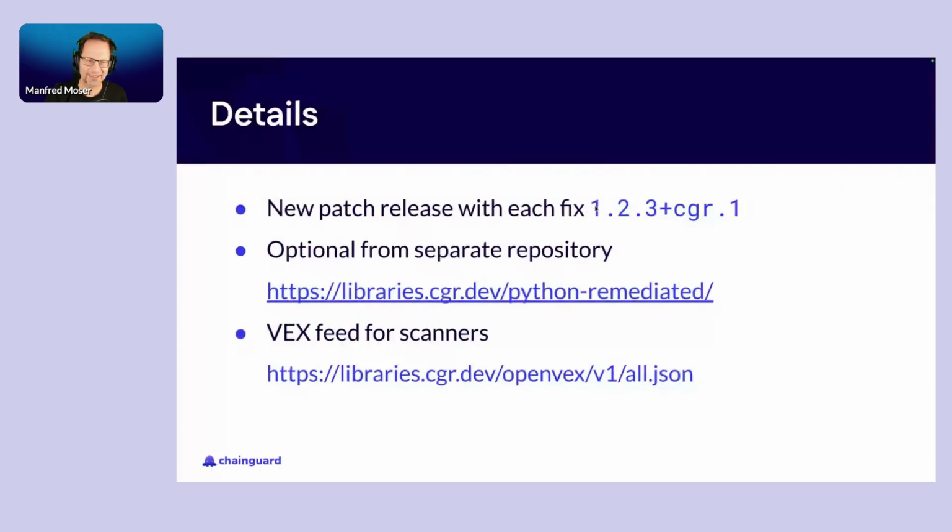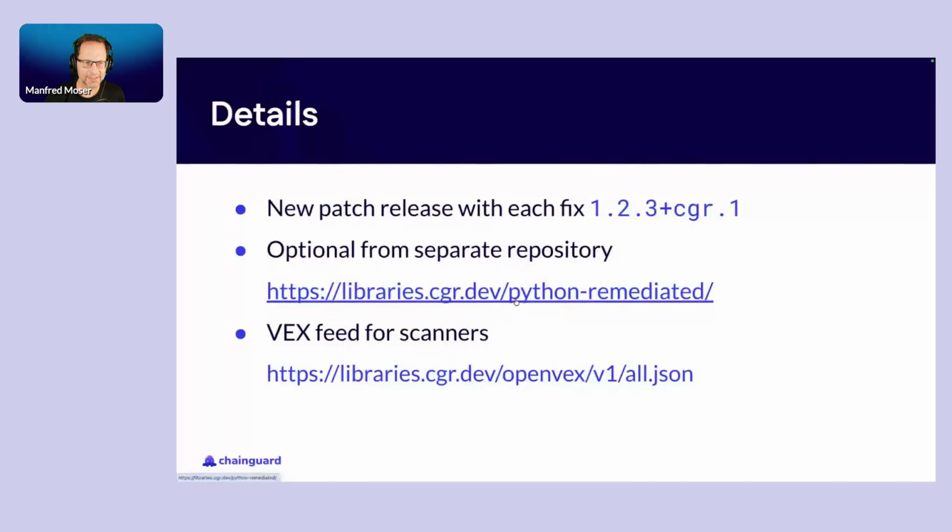So here, this is the example version 1.2.3, and we add what's called a local version in the Python ecosystem, CGR.1. So if there's another CVE being fixed, then we add CGR2, CGR3, and so on. And all of those fixes are available in a separate repository. You see here, library CGR dev python-remediated.